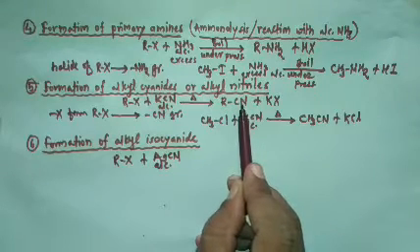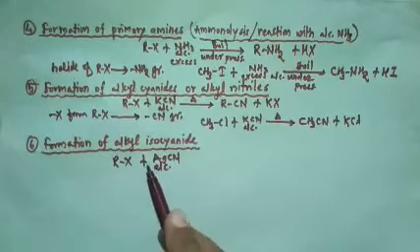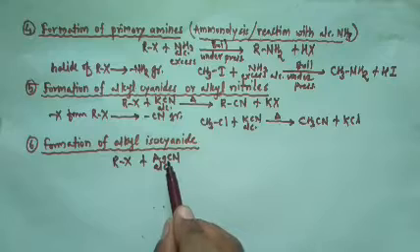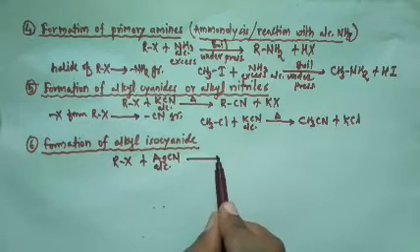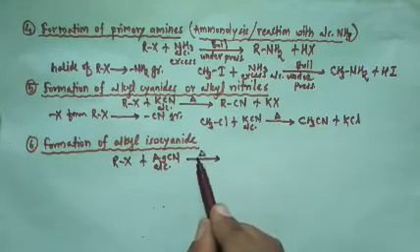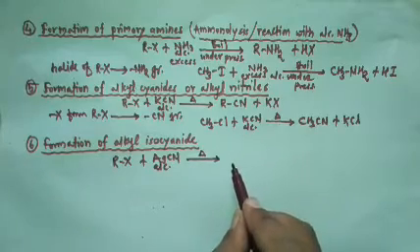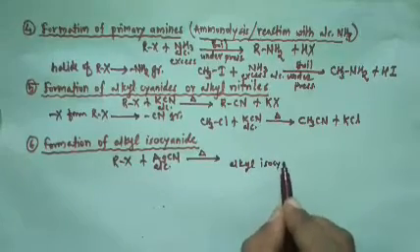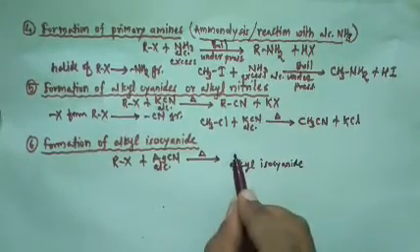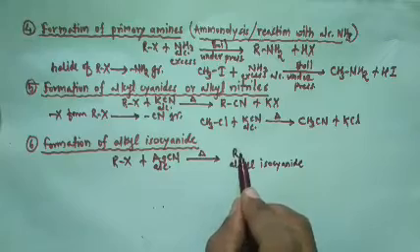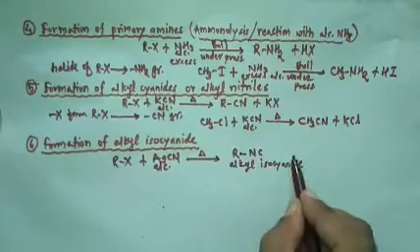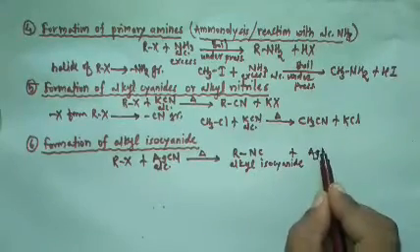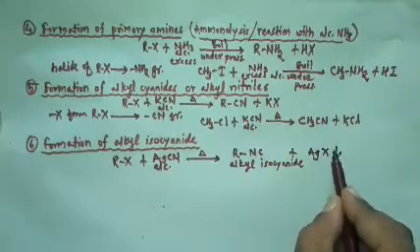Here, when alkyl halide is reacted with alcoholic silver cyanide, and the reaction mixture is again heated or boiled, then there will be the formation of alkyl isocyanide, which has the formula RNC, and the byproduct formed is the precipitate of silver halide.